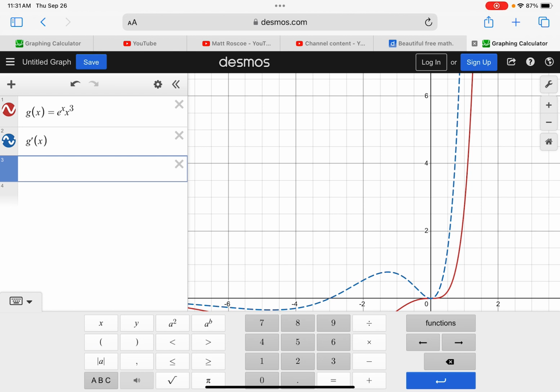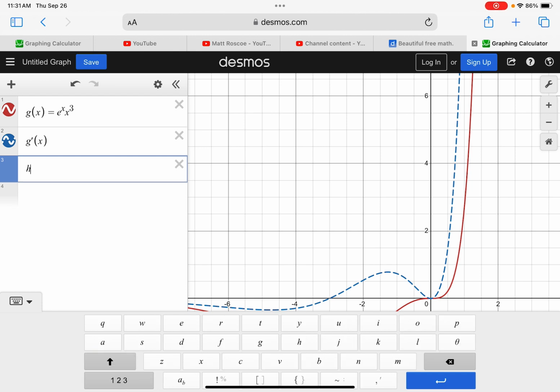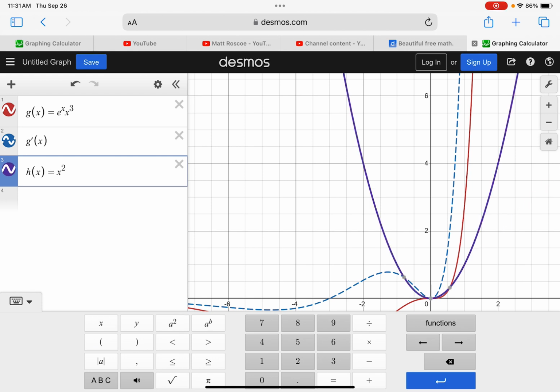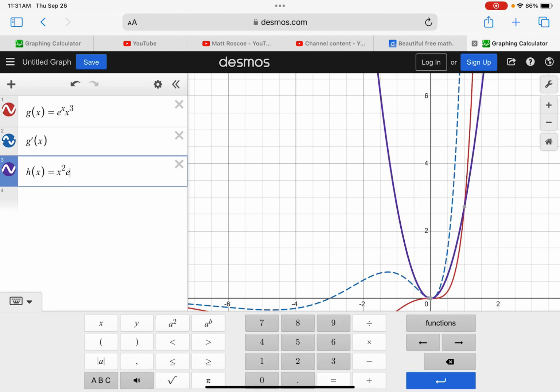We think that this thing, we'll call it h of x, just to give it a different function name. We think that it looks like what? Let's see, x squared times e to the x, and right away it looks like we're kind of on the right track.